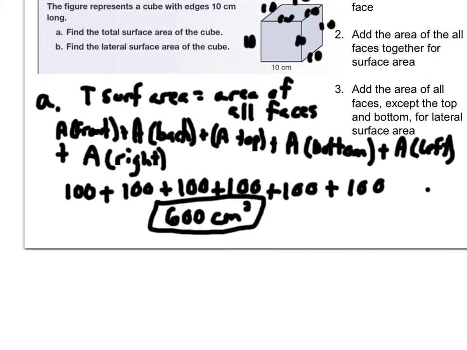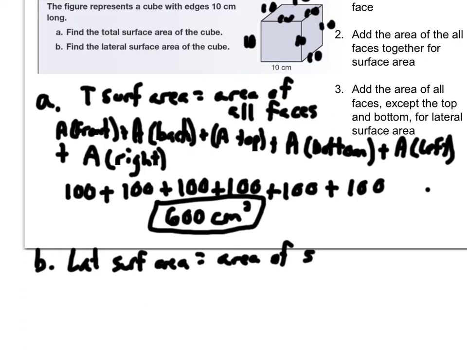Well, for B, for the lateral surface area, that's the area of the sides. Okay? And we'll actually say it's the area of just the sides.